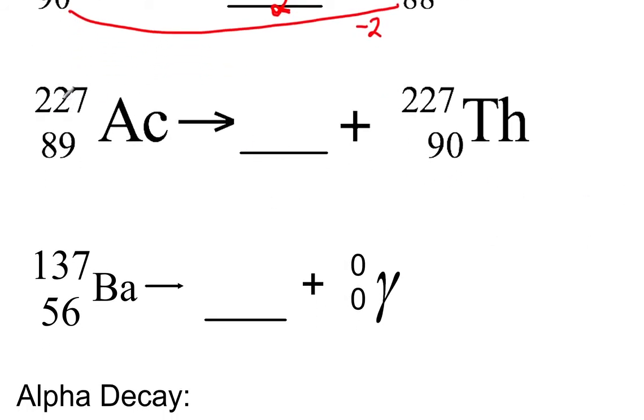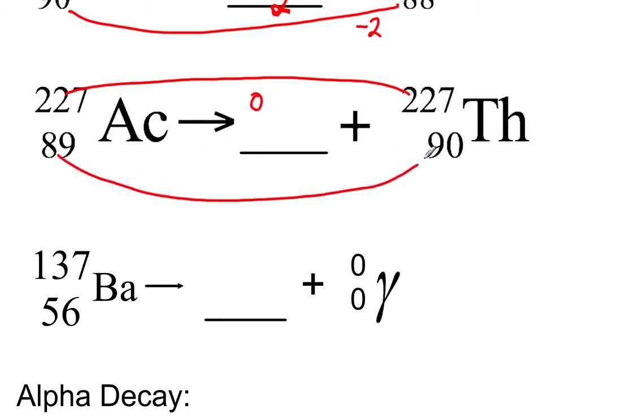All right, the next one. I got 227 staying 227, so the top number doesn't change. So I'll put a 0 there. 89 goes up to 90, so it looks like somehow this gained a proton. So that should signal to you that this is beta. Anytime it gains a proton, it's beta. Why? Because one of these neutrons turns into a proton and an electron.